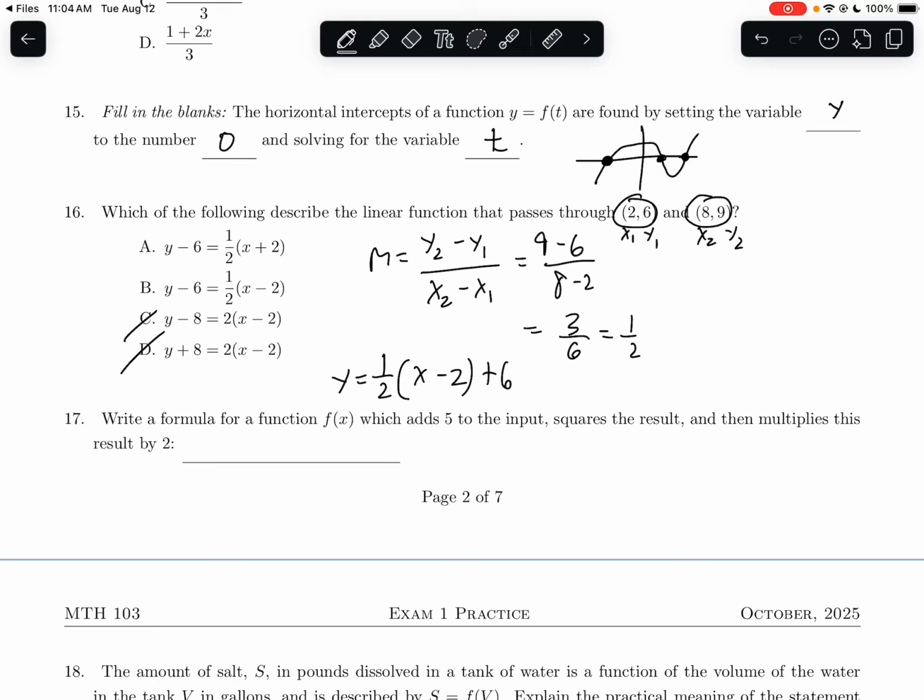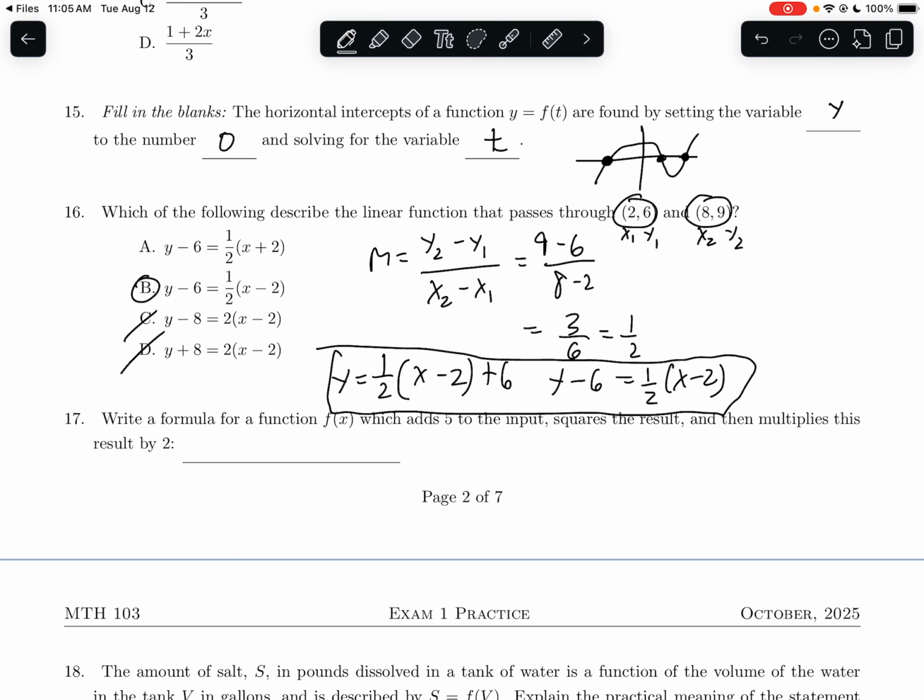So you could write it like this, or you could subtract the 6 to the other side and write y minus 6 equals 1/2 x minus 2. These are the same equation. It's just that the 6 is either on the right or on the left. And if it's on the left, then we can see that this is B. Okay.